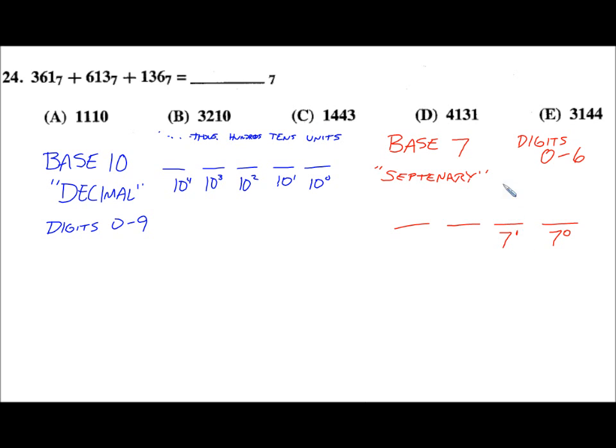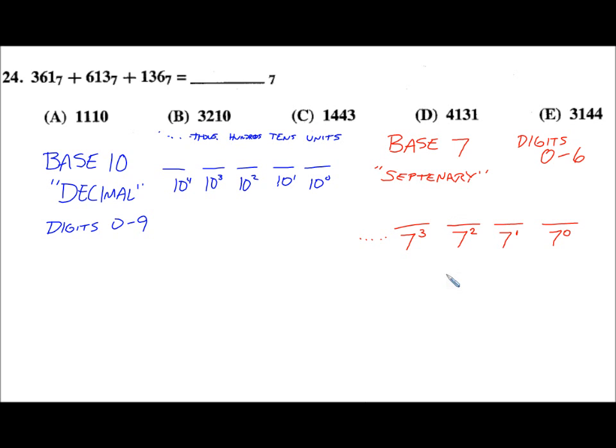So we think of that as how many 7 to the first power, how many quantities of that do we have. We think of how many units of 49 do we have, that's 7 squared. How many units of 343, that's 7 to the third power. And then, of course, it goes on like that. These are 3-digit numbers, so we only need to look up to the 49th place.